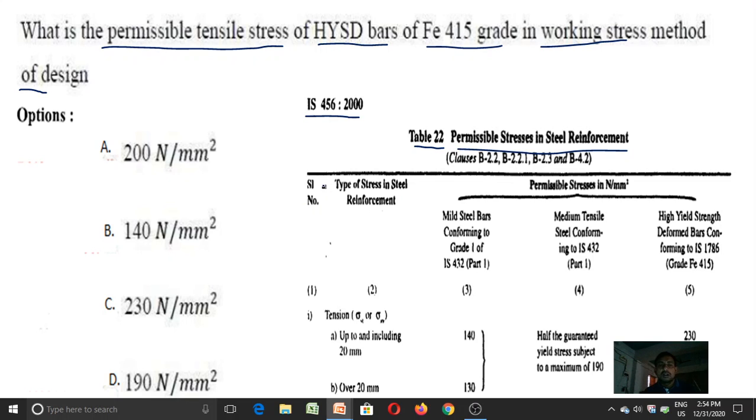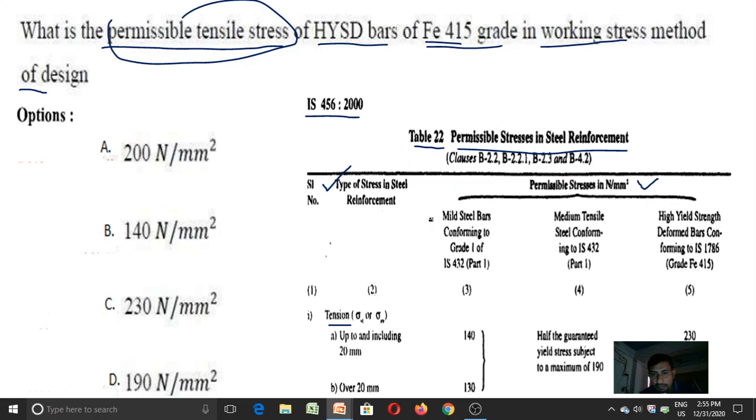Here we have the type of stress in steel, and the permissible stresses corresponding to the grade of steel. In the question, they have given permissible tensile stress, so we have to take tensile stress. They have not mentioned whether the diameter is greater than 20 mm or less than 20 mm. They have given HYSD bar of Fe415.